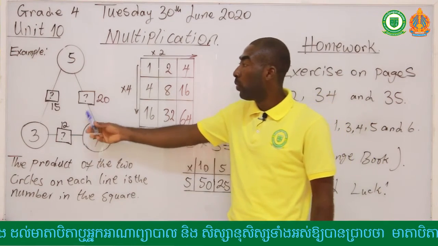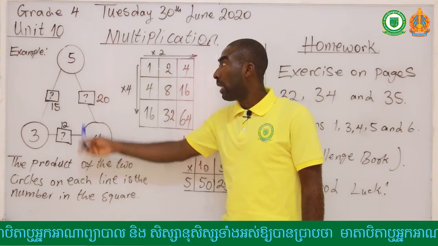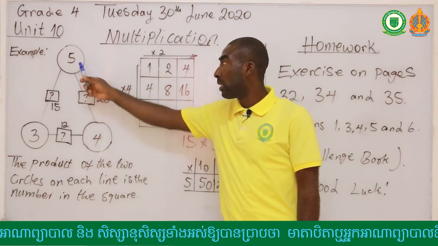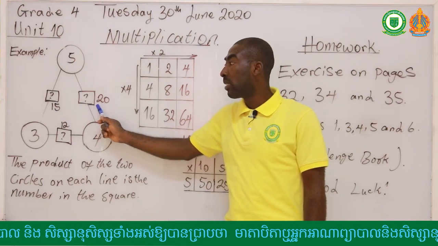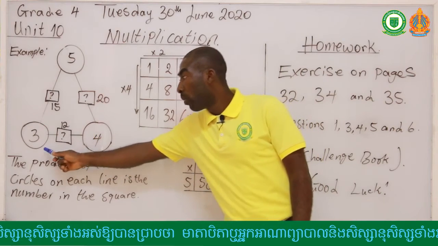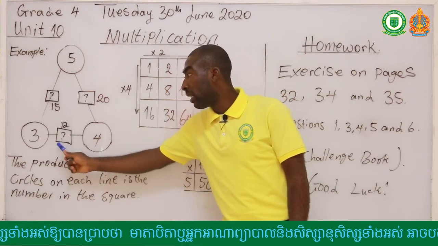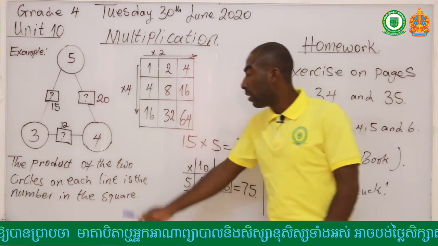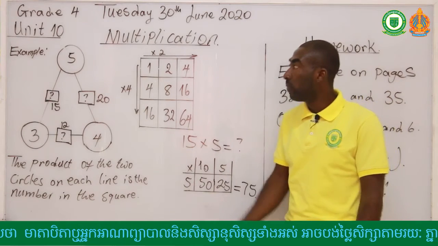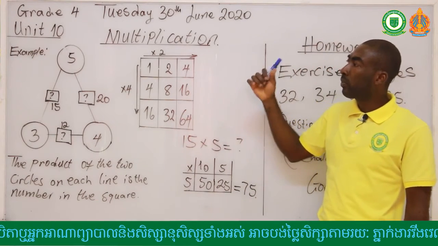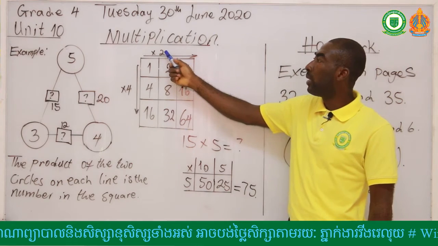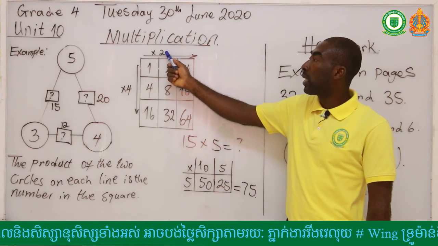So in this example, we did that we are multiplying these two numbers, and the product is the answer that we have here. So we multiply the two numbers on the line, and then we put the answer in the square as is stated here. On this chart, we looked at the arrow and the indication that comes on the arrow.